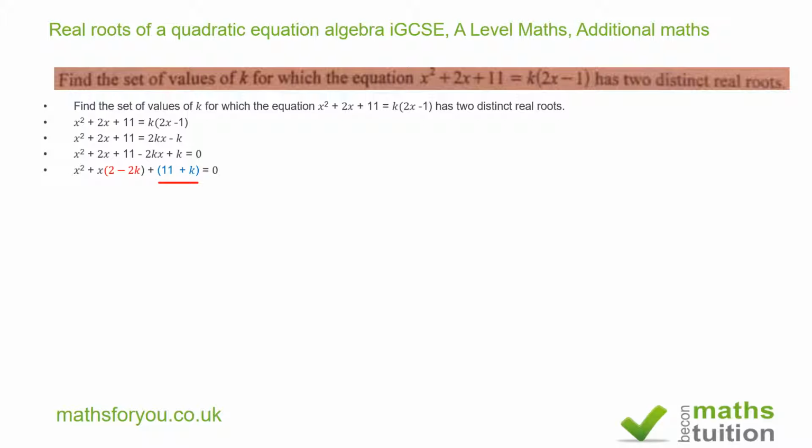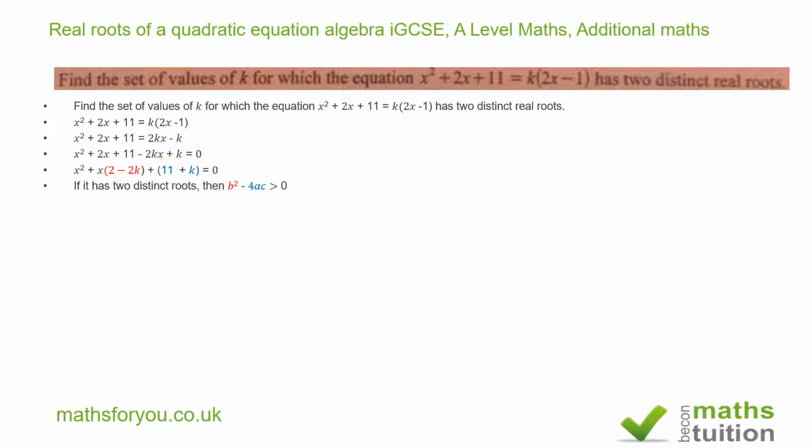Now, the next step: we want to find values in order to have real distinct roots. B squared minus 4ac has got to be greater than 0. Now, b is the coefficient of x, and a is the coefficient of x squared, which is 1 in this case. And c is the constant value, 11 plus k.